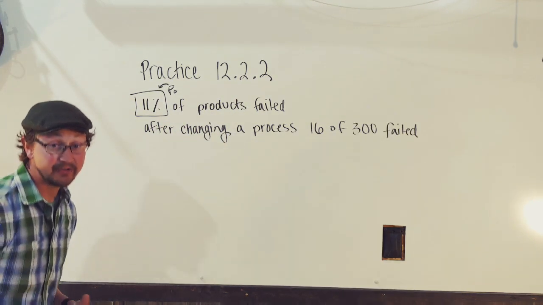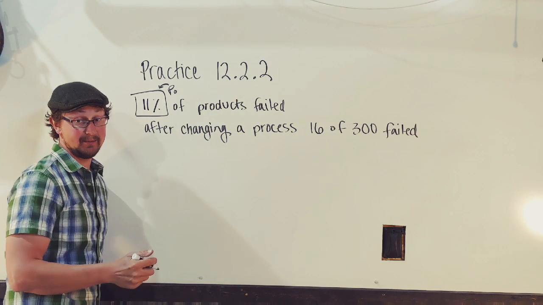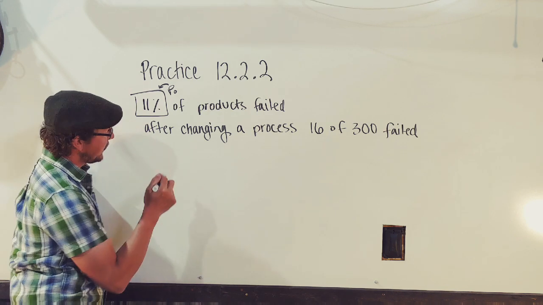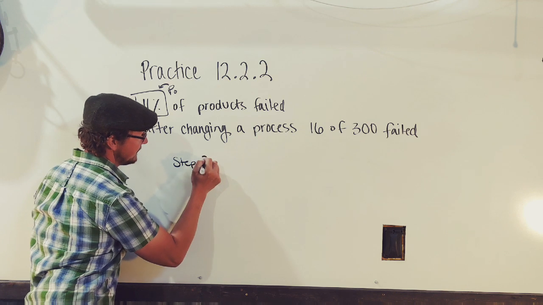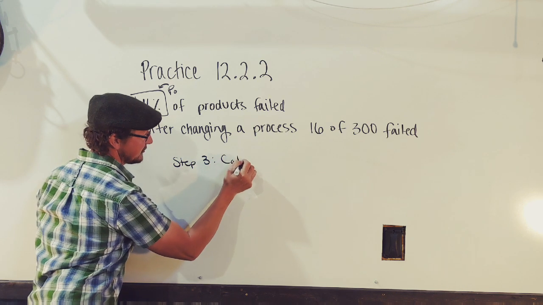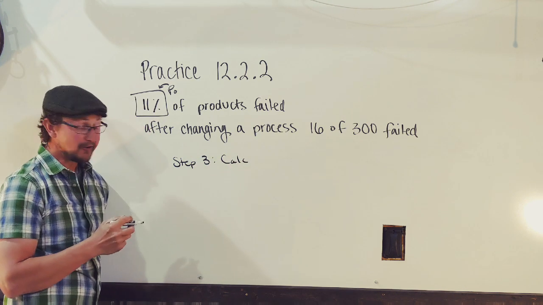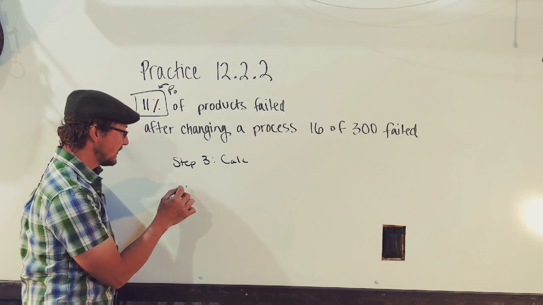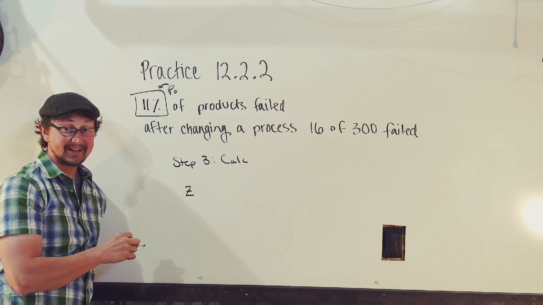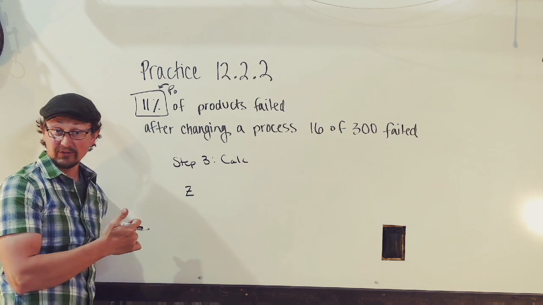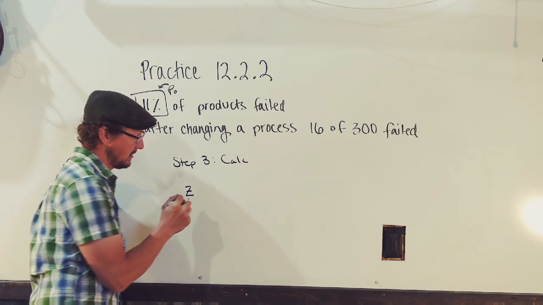All right, now calculations is just a variation on our theme. So we are going to go to step 3, our calculations. Calculations work like this. We're going to figure out a z-score. Proportion is back to z, so we're on table A. We've shown that we've got normality, so we're good to go there.